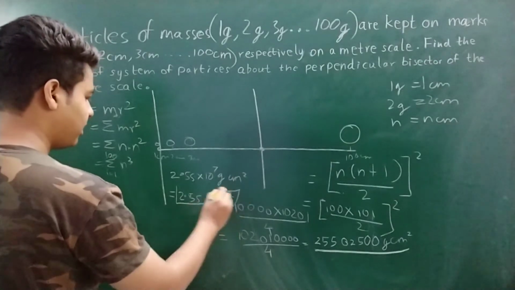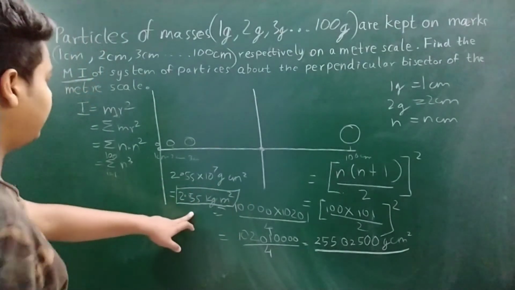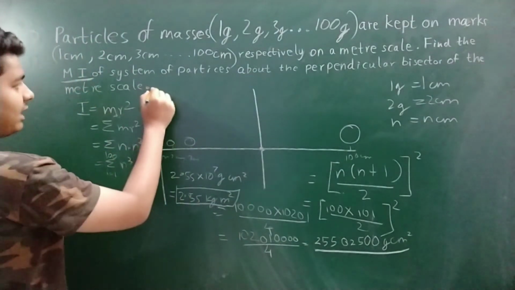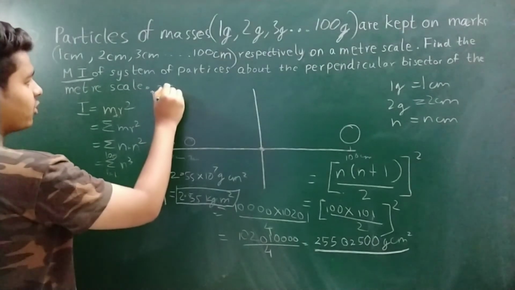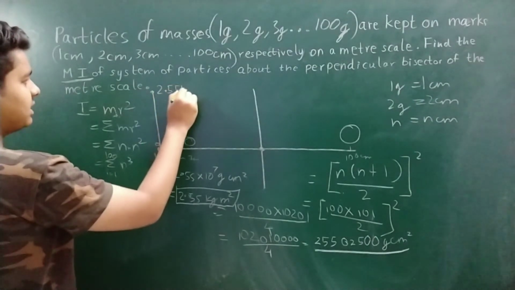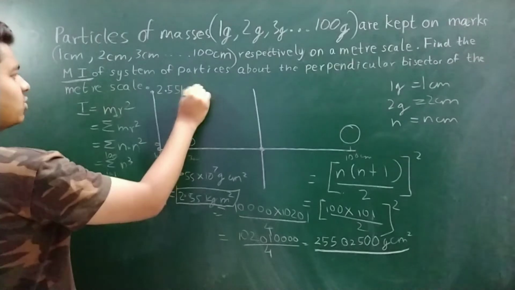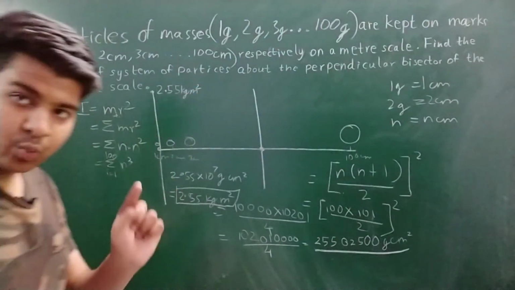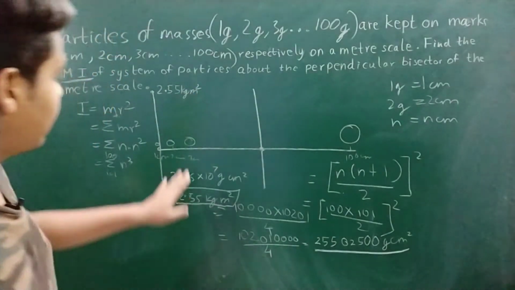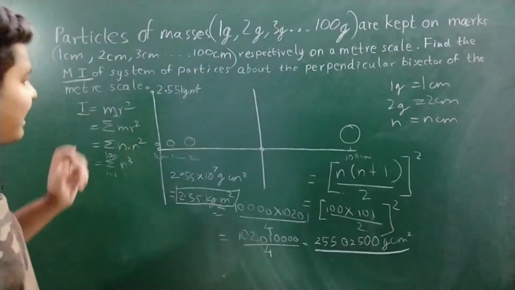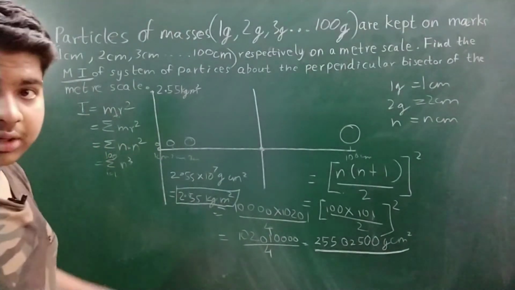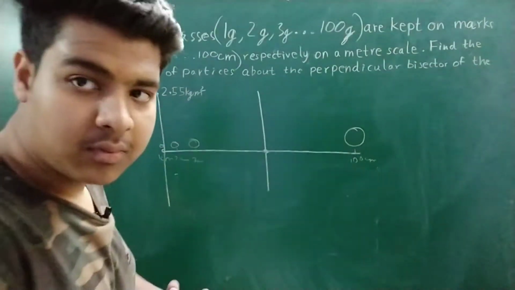So first we have our total moment of inertia. Let me write this down over here. So at this tip, the moment of inertia was 2.55 kg meter square. Okay, one part of this question has been solved. Please note this down. I erase it and we'll continue our solution. You can pause this video and note this one down.